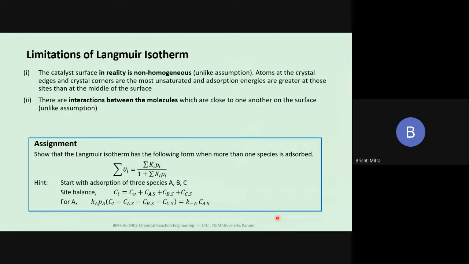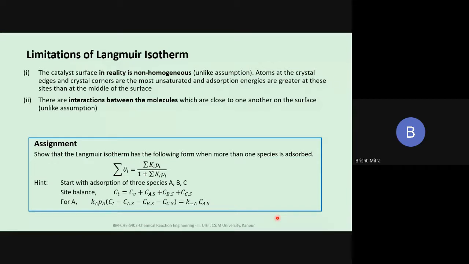Now the question is, what are the limitations of the Langmuir isotherm? When we talk about limitations, what we are asking is whether the Langmuir isotherm fits all possible cases, that means all kinds of adsorption. Can the Langmuir isotherm represent each one of them? It has been seen that that is not the case.